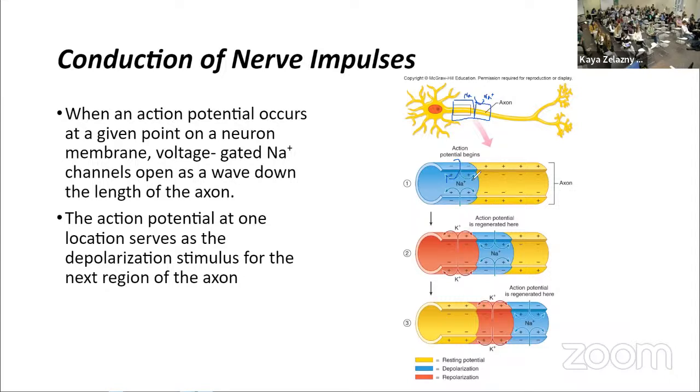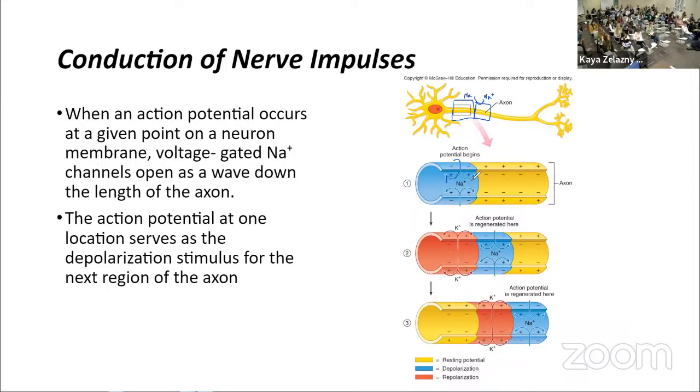Instead of having a graded potential come in, which is what's happening in the dendrites and the soma, or adding them all together at the axon hillock, that initial change in membrane potential that fires the action potential is happening because we physically have some sodium ions floating a little bit out to the sides down the tube.